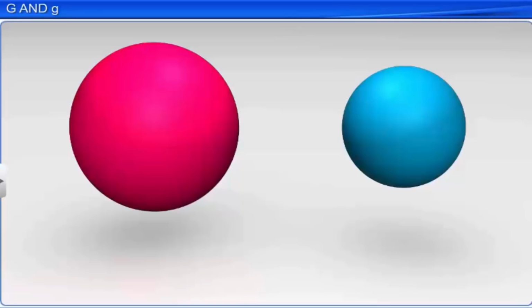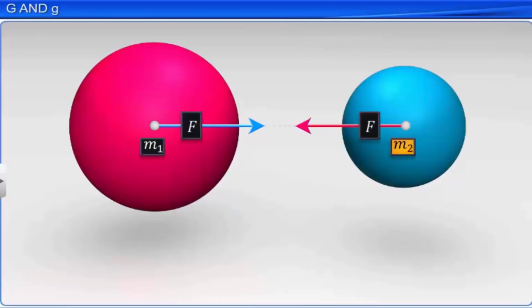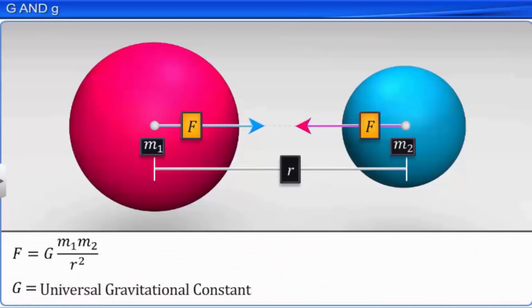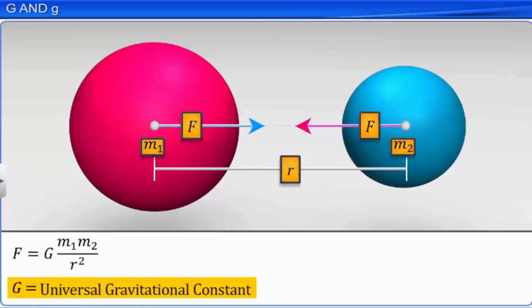We learned earlier about the gravitational force between 2 bodies of masses m1 and m2 separated by a distance r. The expression for the force is given as F is equal to G into m1 multiplied by m2 by r square, where G is the universal gravitational constant.